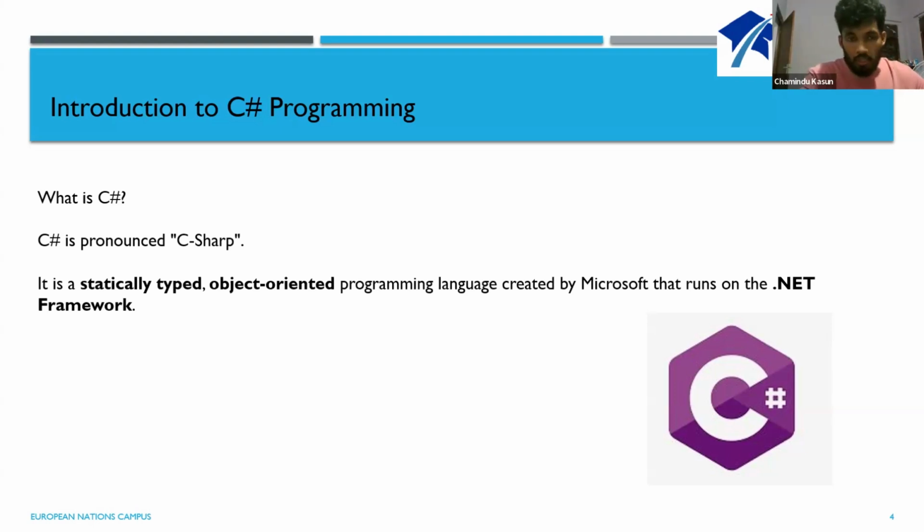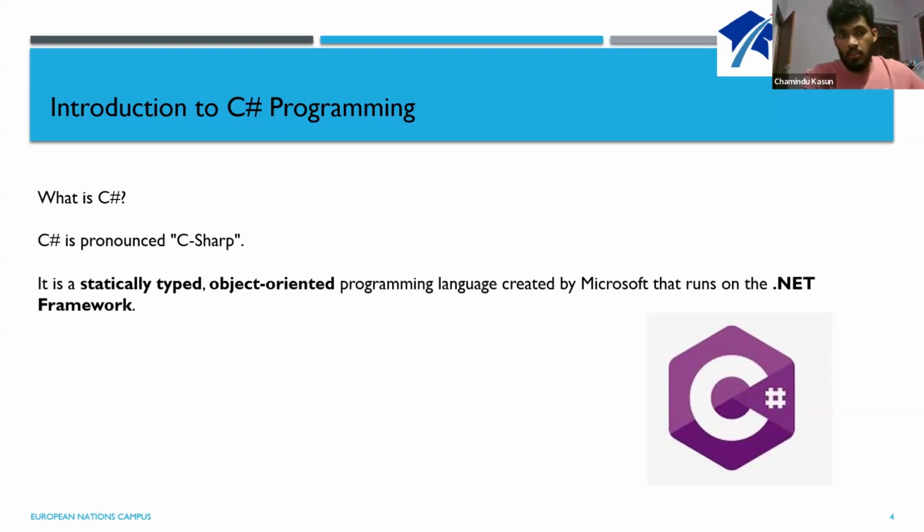This definition has three things to consider. C# is a statically typed language. It is object oriented, and it runs on the .NET framework.